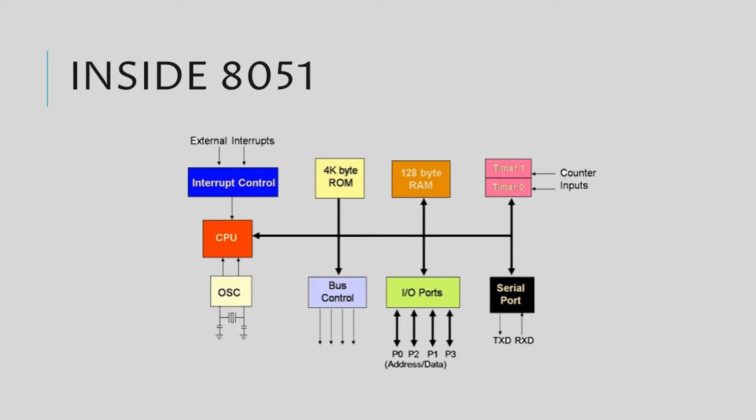There is a bus control by which the 8051 can talk to external memories, and there is a segment called interrupt control through which external interrupts can be given to the CPU, and there is an oscillator.